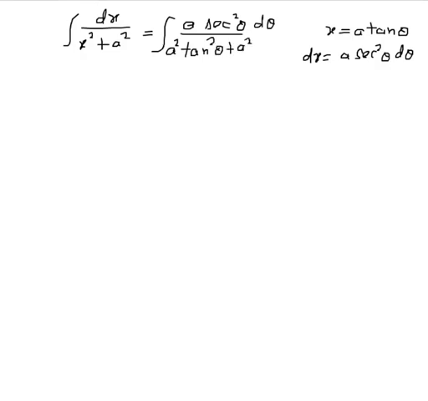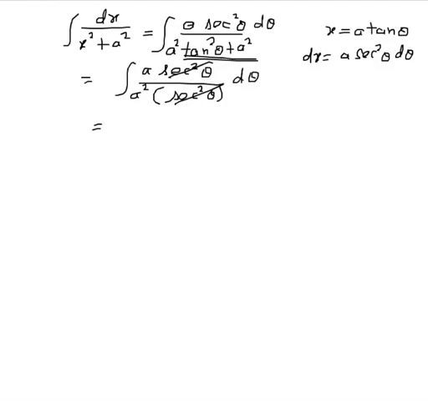a square. We can take a square out from the denominator and we get 1 plus tan square. 1 plus tan square becomes secant square. It becomes 1 by a, which is a constant, 1 d theta.